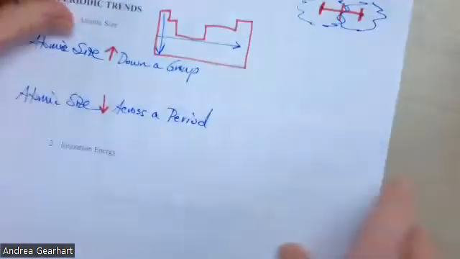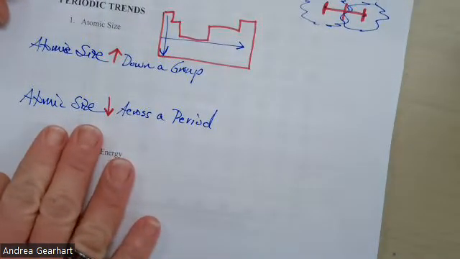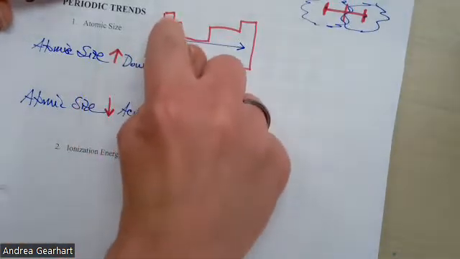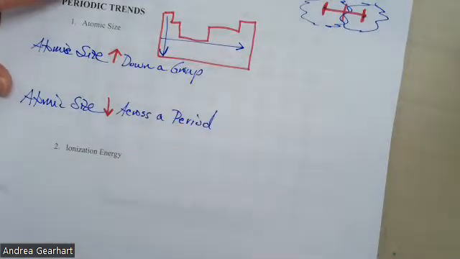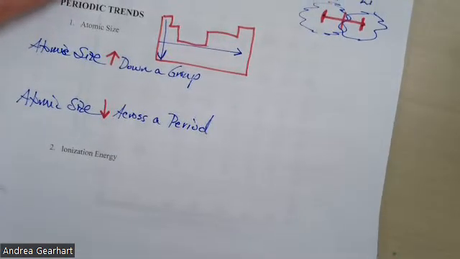Okay. So we go back here. We get larger as we go down a group, but we get smaller as we go across. Why?